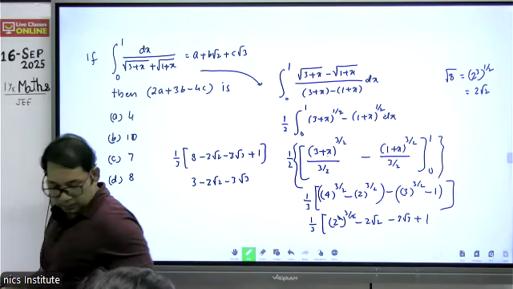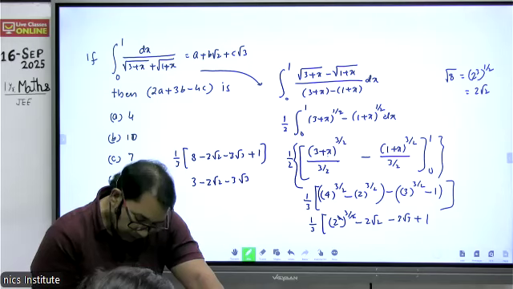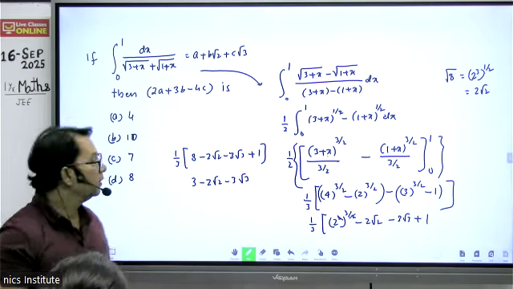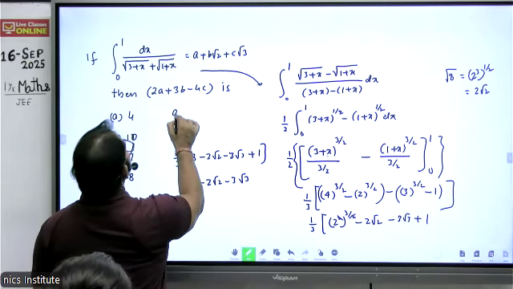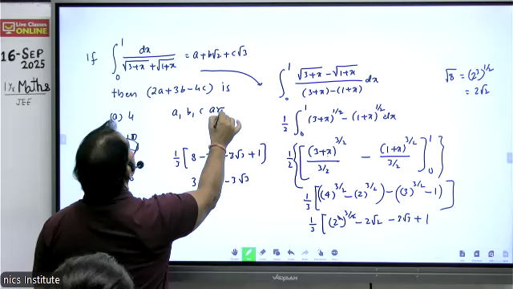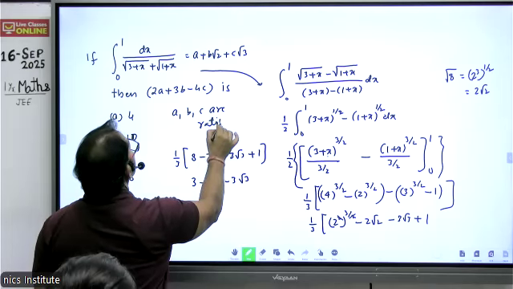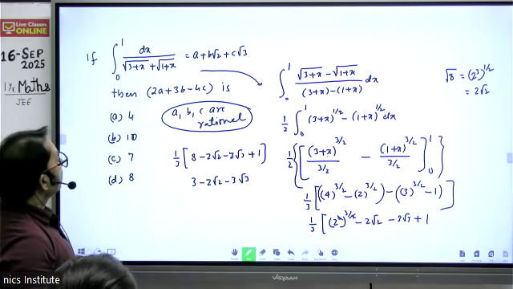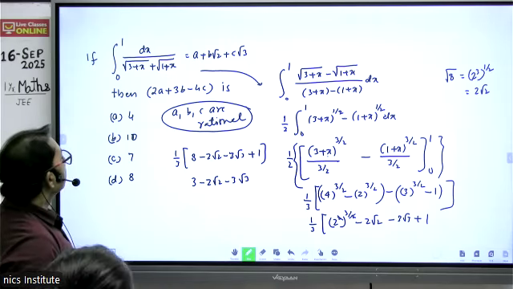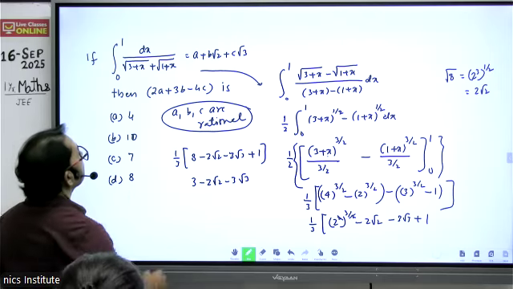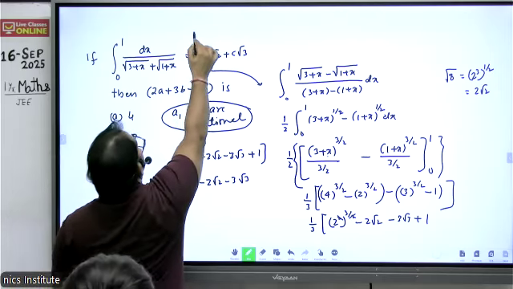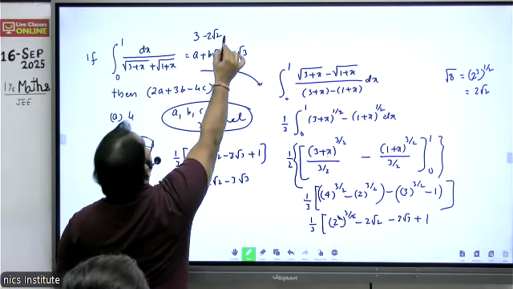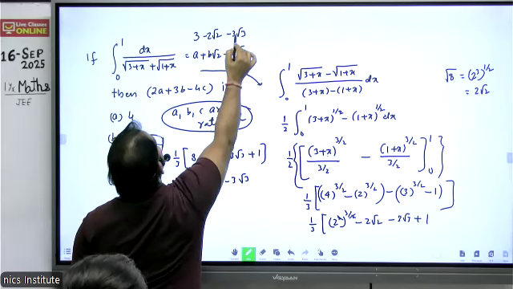Now there was something else given in the question, that a, b, c are rational numbers. If a, b, c are rational numbers, that means we can straight away compare with this expression.